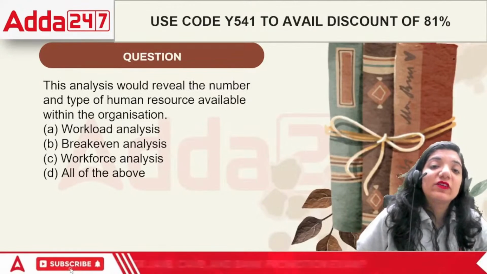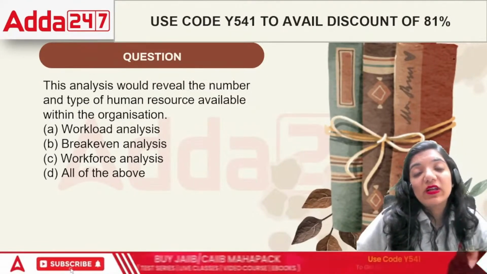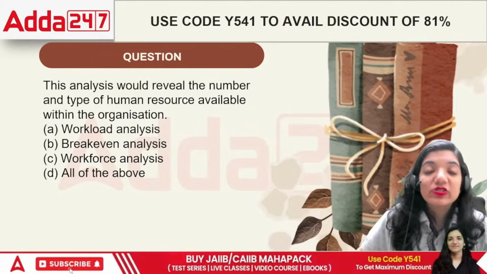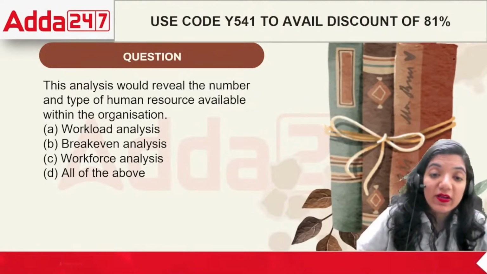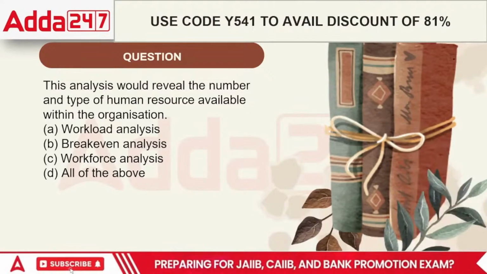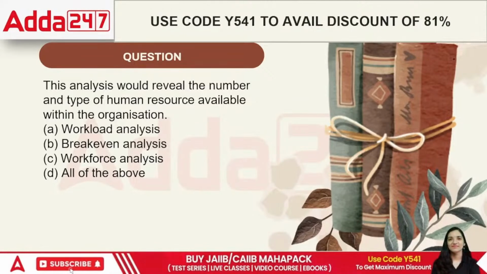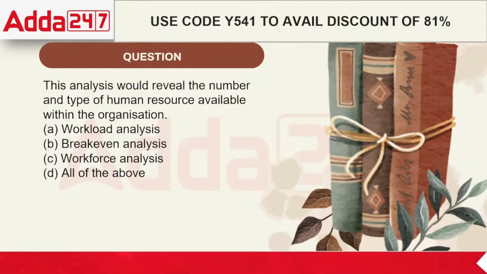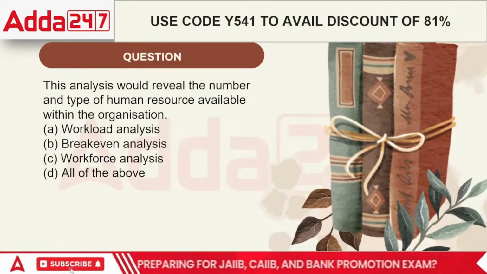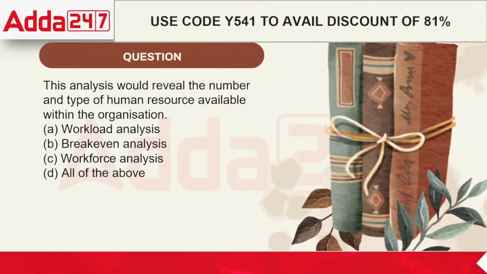The analysis would reveal the number and type of human resource available within the organization: workload organization, break even workforce, or none of the above. Done everyone? The analysis that would reveal the number and type of human resource that is available currently.